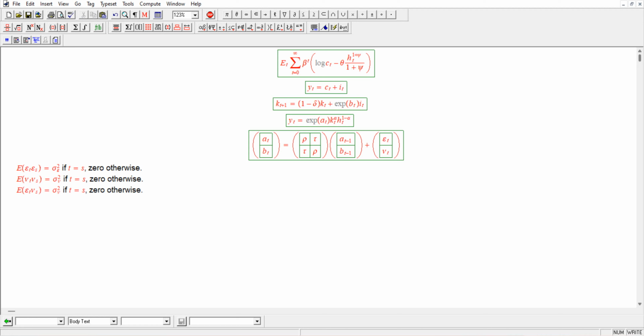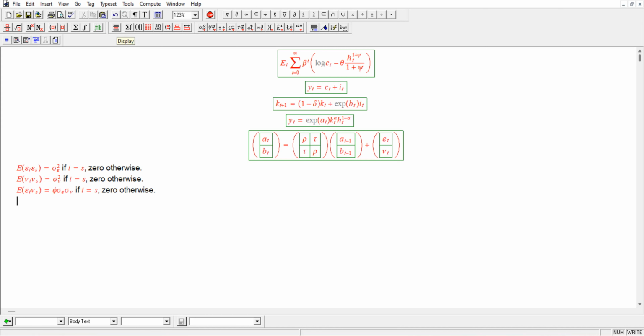So we're going to say that the covariance of these two shocks is some parameter phi times sigma epsilon sigma v, but again only within the same period.